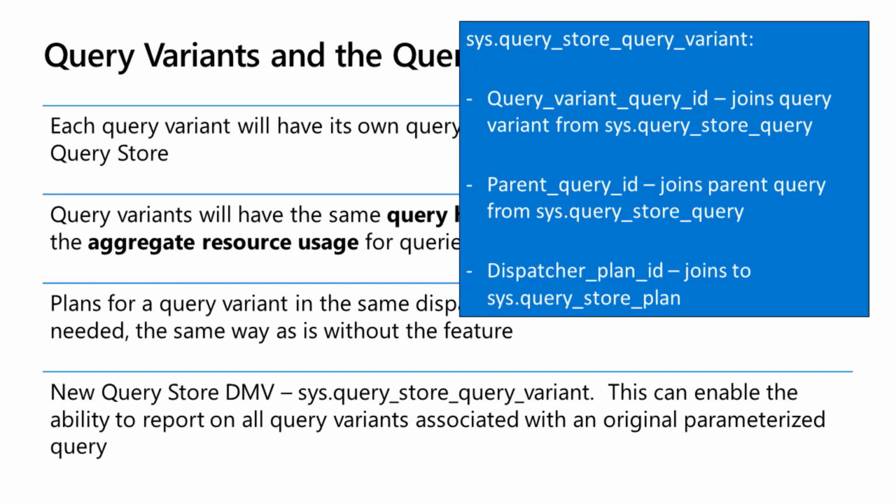It has a query variant query ID, which you typically would join to the sys.query_store_query table. We have a parent query ID, which typically would get joined to the sys.query_store_query table, and then the dispatcher plan ID, which would typically be joined to the sys.query_store_plan table.